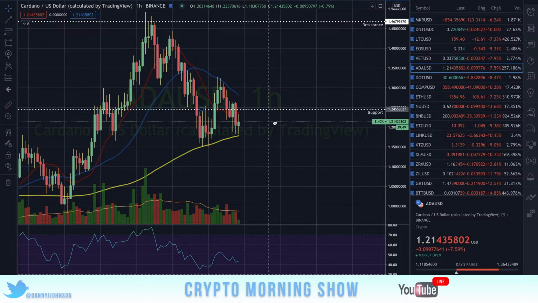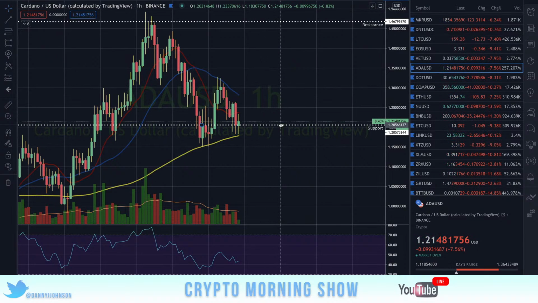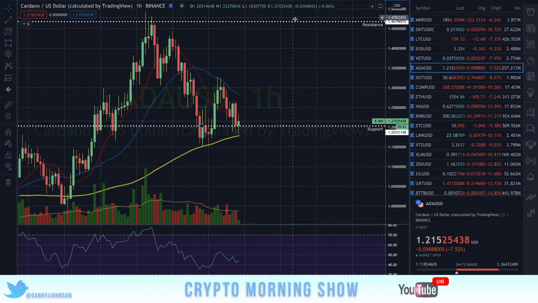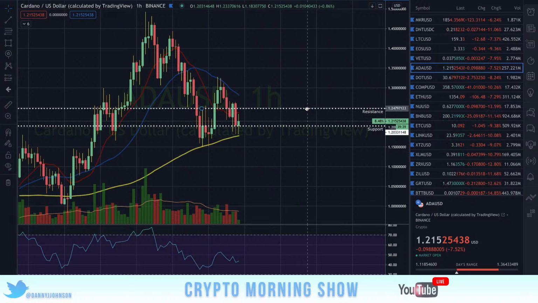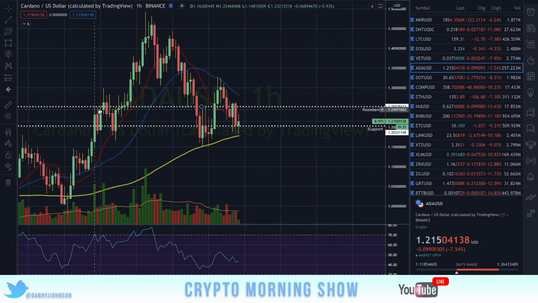So looking at support down here at the 1.20 mark, and then your first level of resistance on the climb back up. Going to need to overcome, let's move this because we had some hurdles getting up that last go around. So we'll put the resistance at 1.252. And that is Cardano ADA.